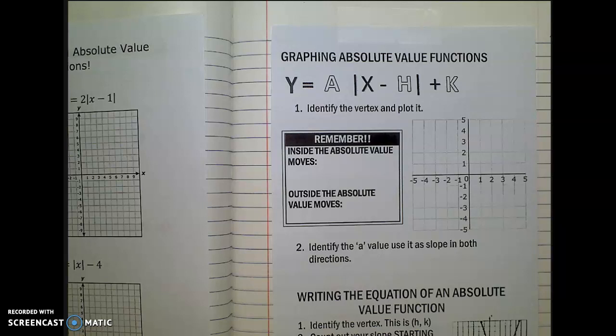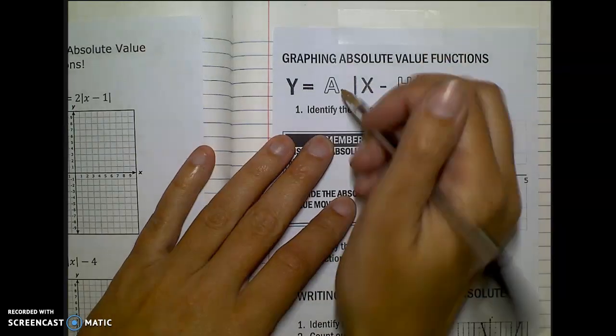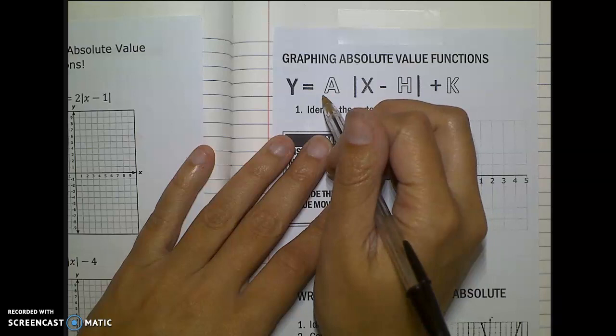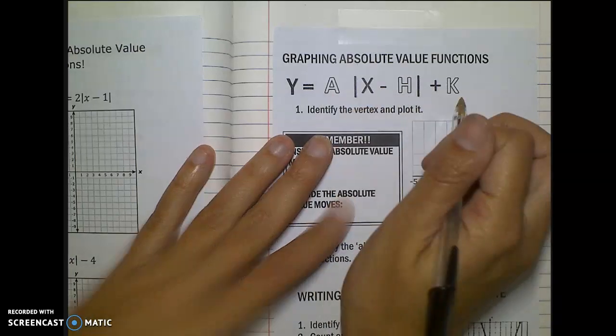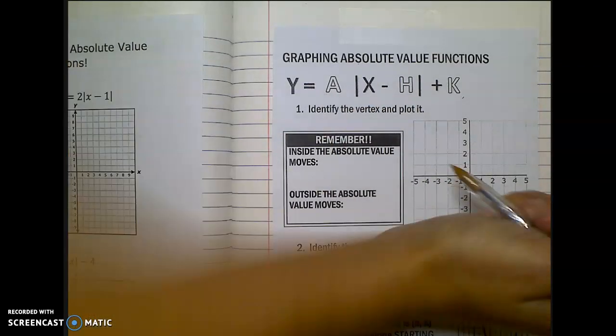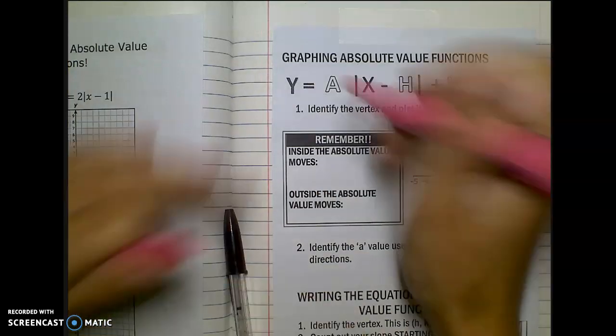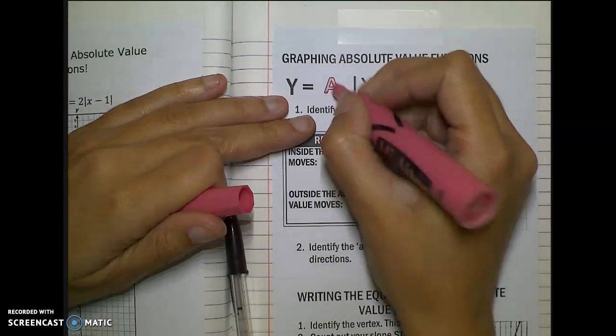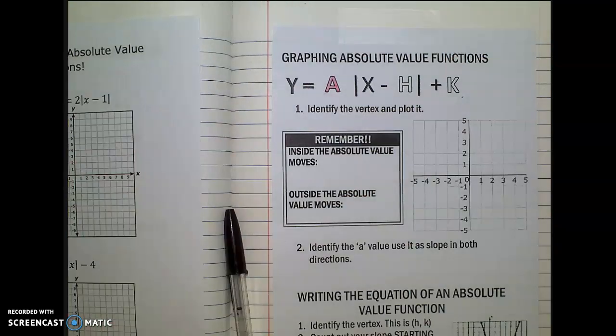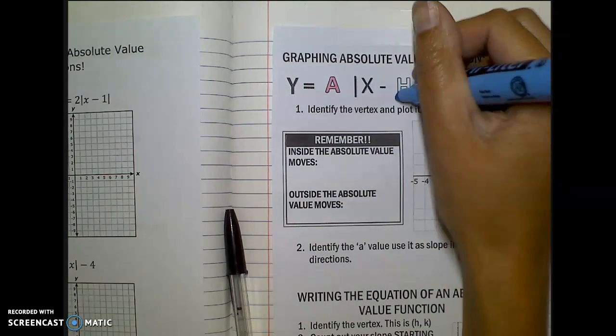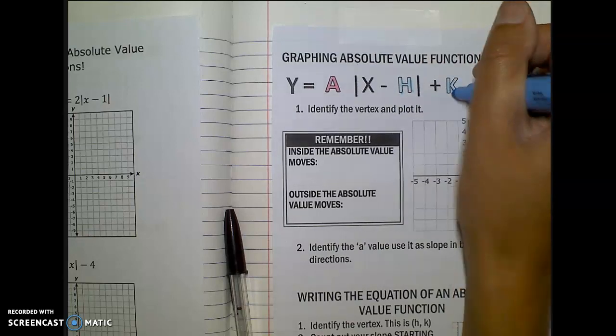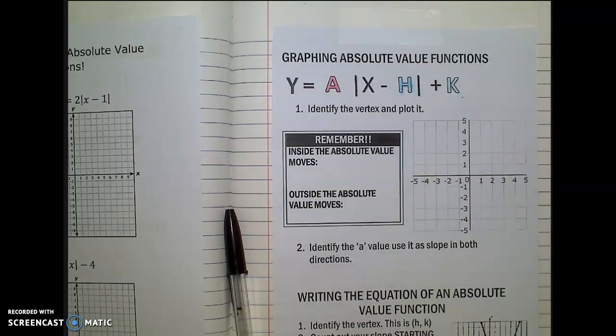So what we talked about in class are, if I replaced our A, H, and K right here with numbers, then I should be able to notice a pattern about how my graph is changing, which then allows me to quickly graph it.